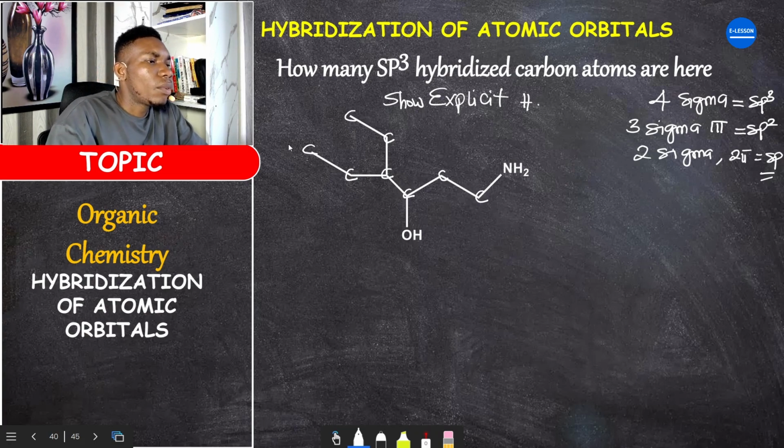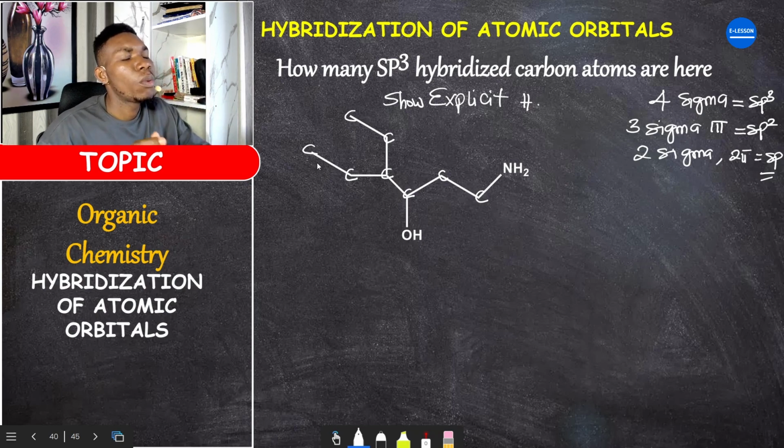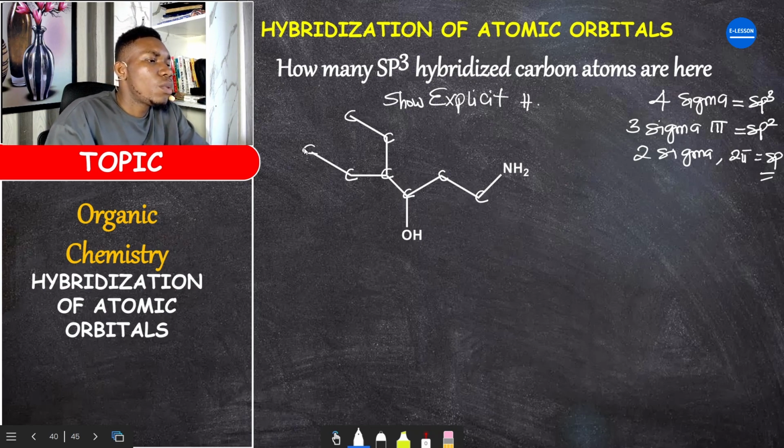Now, I taught you earlier that if you want to add explicit hydrogen, carbon must be tetravalent. Valence rather. That is it. We have 4 valence electrons. So we need to add 3 hydrogens here to make the valence electrons in carbon 4. Here, you already have 1 here, 1 here. We need to add how many? 2 valence electrons.